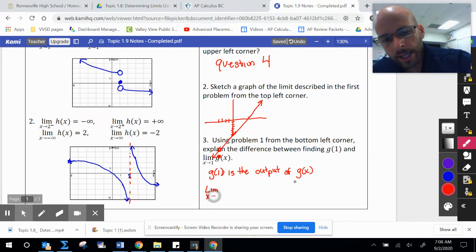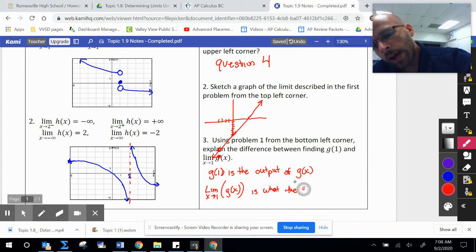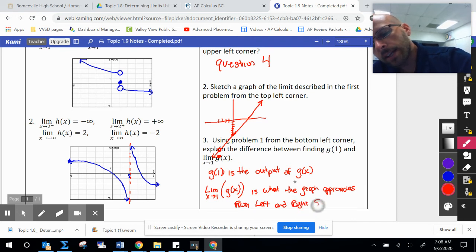The limit as x approaches 1 of g of x is what the graph approaches from the left and right side. Now these two things aren't always equal.